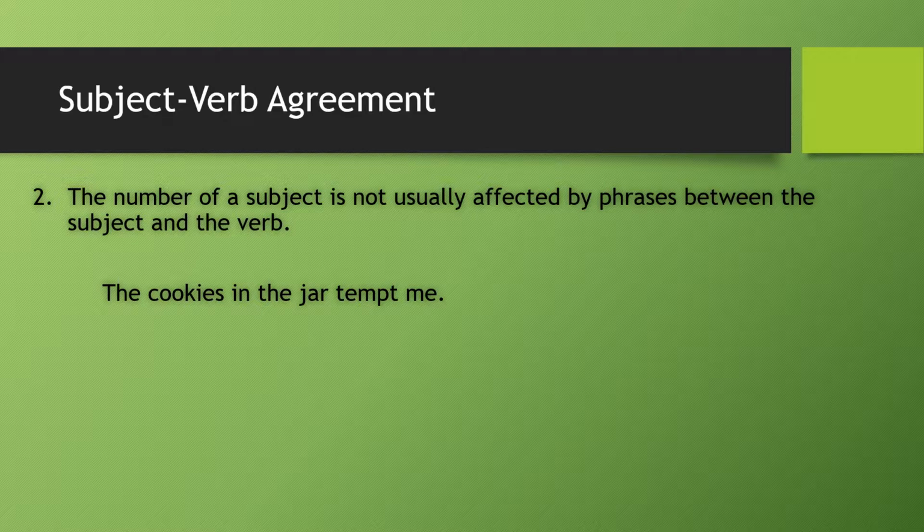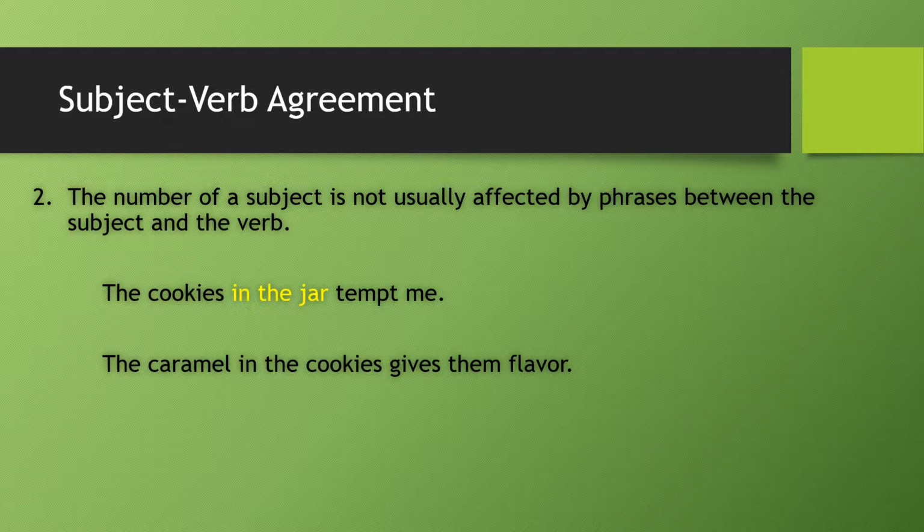Now we have here the subject cookies and the verb tempt, and they are separated by a prepositional phrase, in the jar. Now if we lift the phrase in the jar out of the sentence, the cookies tempt me. So cookies, plural, has a plural verb, tempt. The cookies in the jar tempt me.